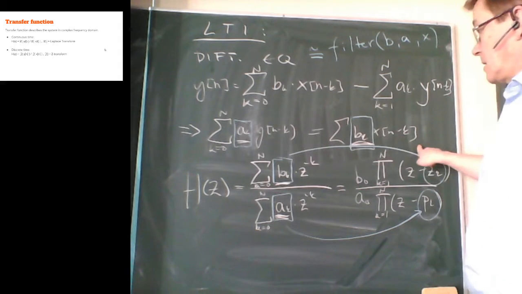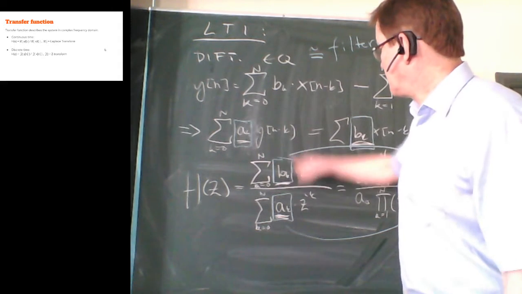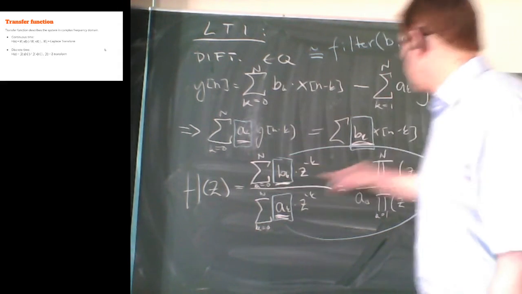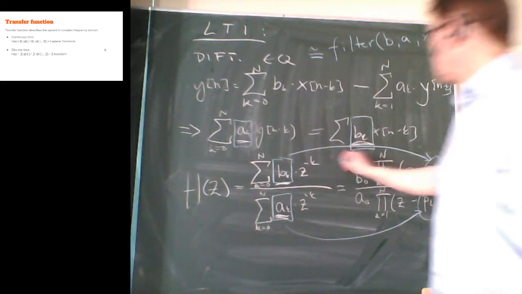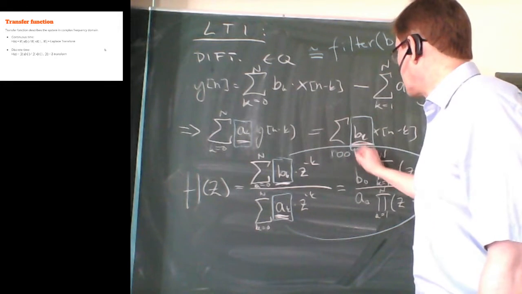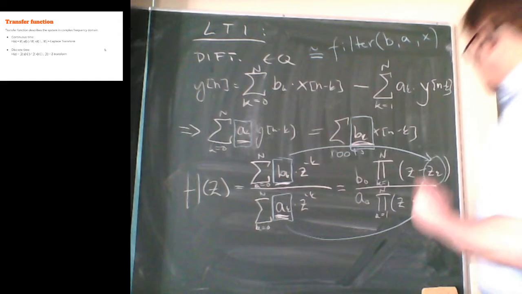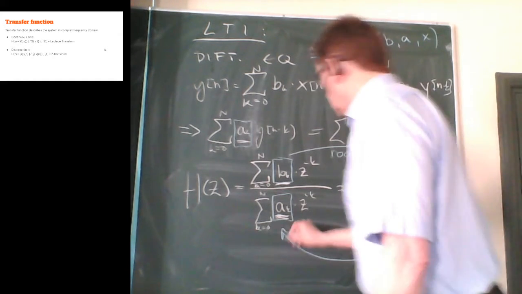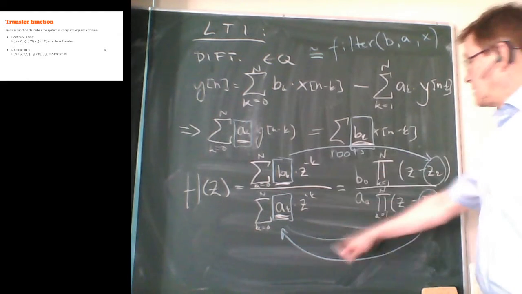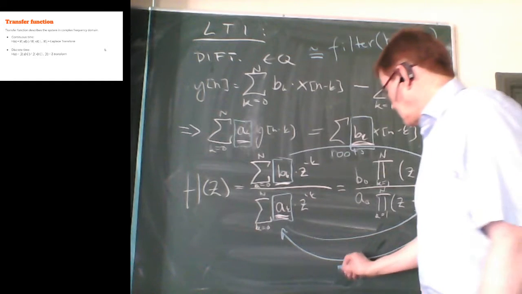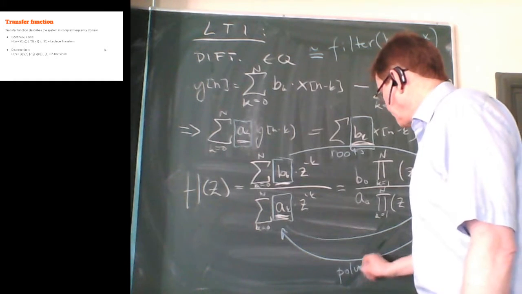This one here, from the system coefficients to zeros and poles, is actually the roots operation. But on the other hand, you can also go from the roots back to these coefficients by saying poly.